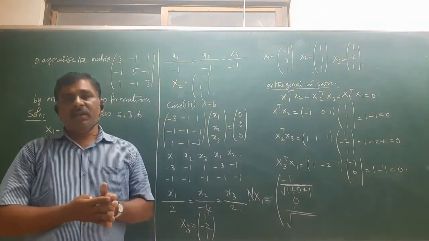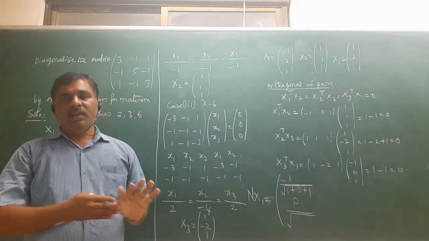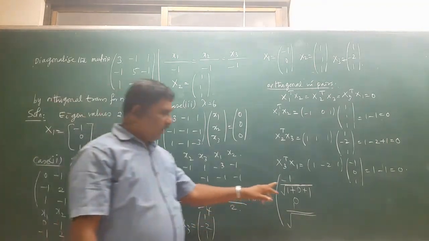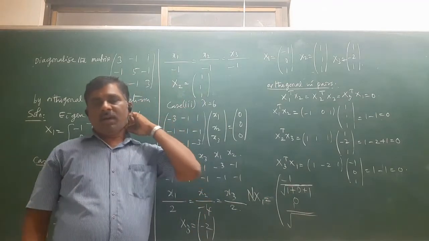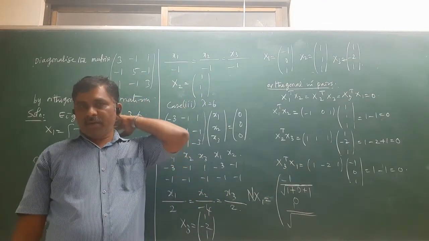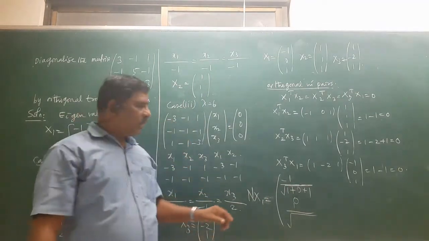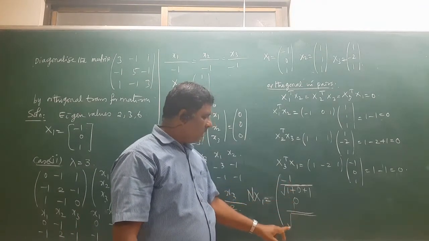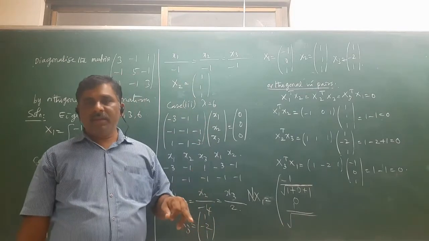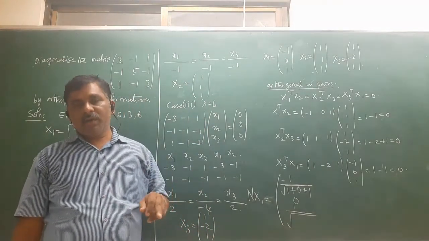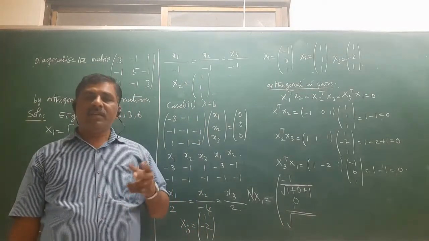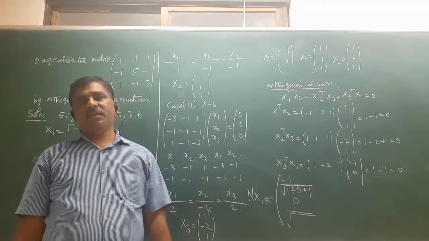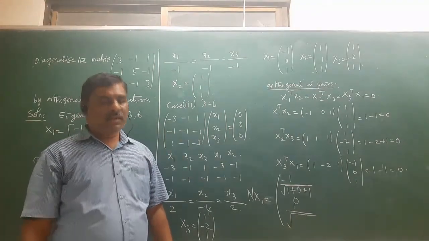How to find the normalized vector? Each element of the eigenvector is divided by the square root of the sum of the squares of the elements.